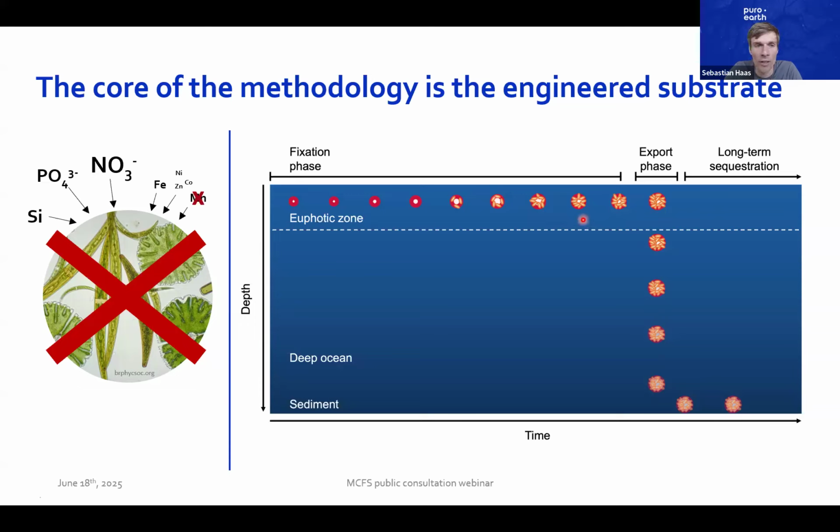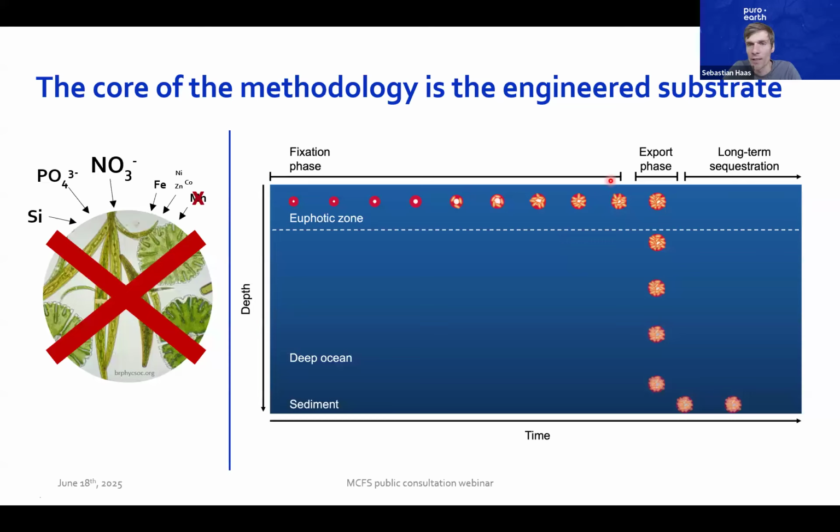And because we're targeting areas of the ocean where the local microalgae are limited by the nutrients that are offered by the substrate, they are expected to be recruited onto the substrate, to enter the substrate and find favorable growth conditions and grow at high rates on these substrates using the offered nutrients.